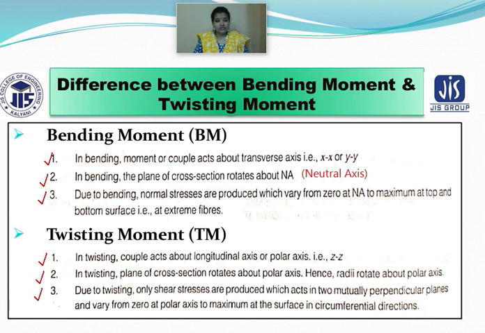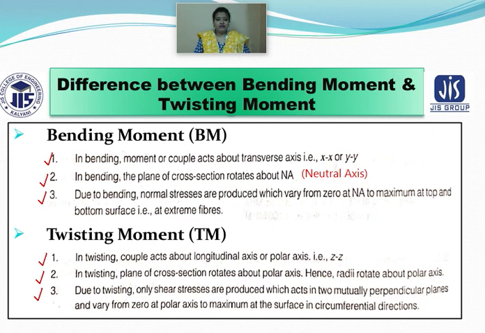Due to this twisting, the object is experiencing only shear stress.